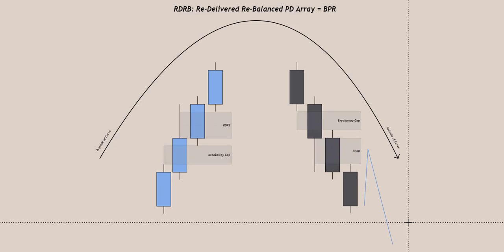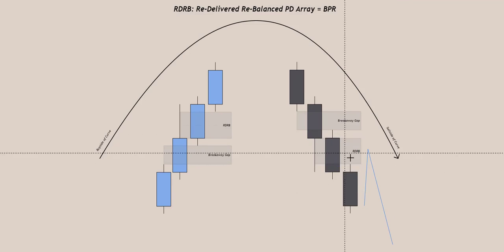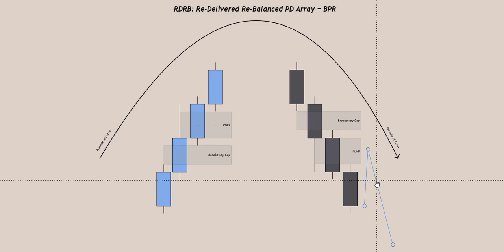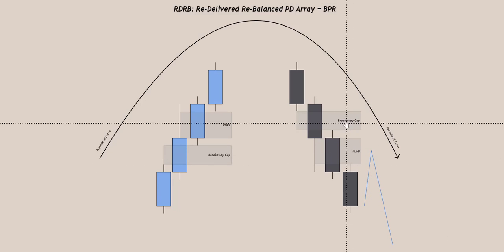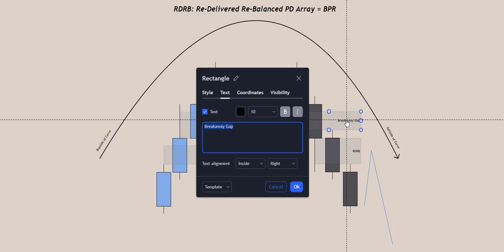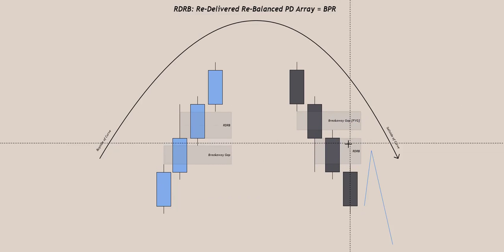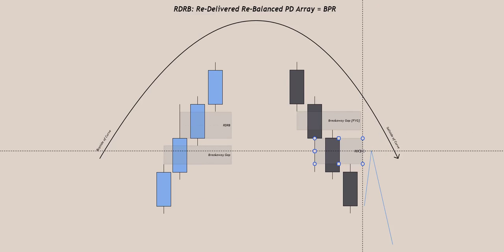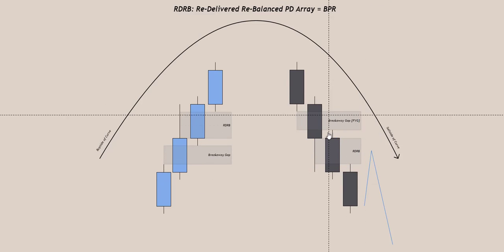Now we can look at it as an area we can look for continuation in the market, if that makes sense. And so because this is here, we can expect this gap, this fair value gap that was originally here. Let me just annotate that. That's actually a fair value gap. But because this is here, it's holding price from going back to it instead. And so that creates that breakaway gap.